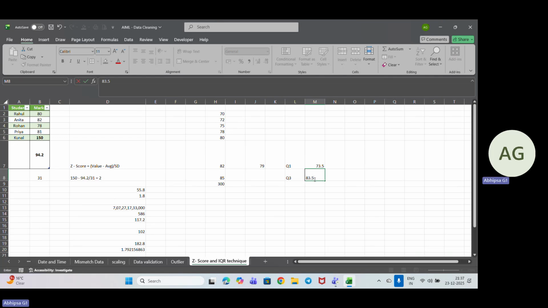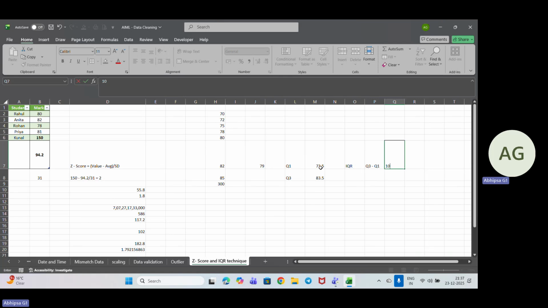Now we need to calculate the IQR, the interquartile range. I'll be finding Q3 minus Q1. Q3 minus Q1 would be 10, because 83.5 minus 73.5 is 10, right?